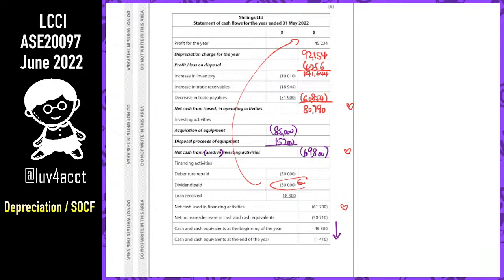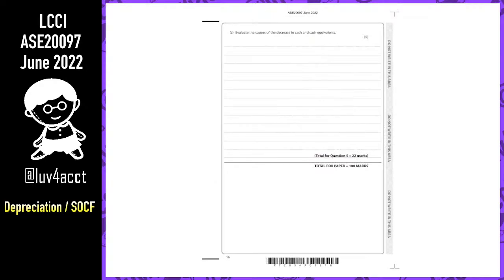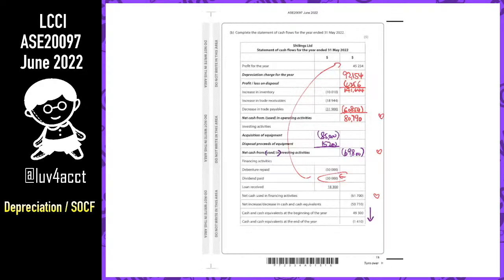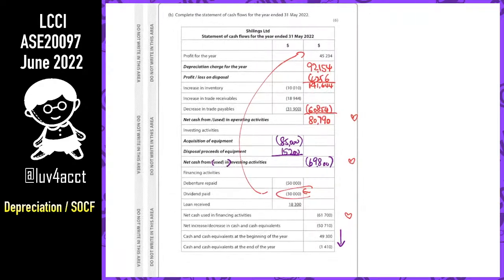So we have to evaluate how the money is spent. The change, what is it? The decrease in cash and cash equivalent.